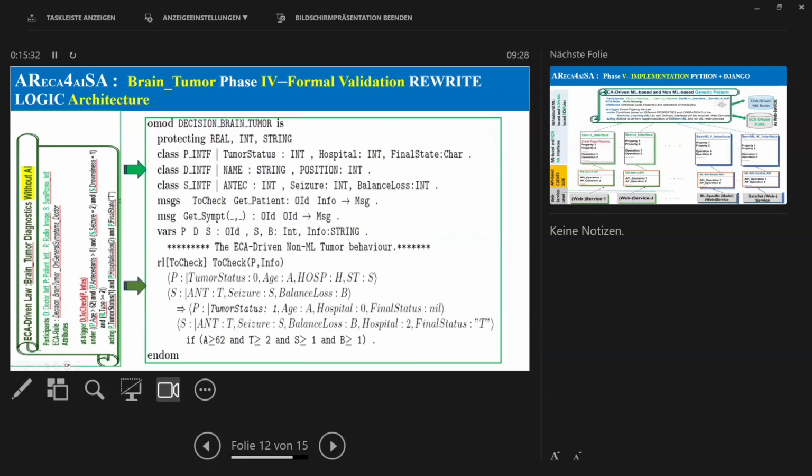Now, as I said, we formalize these rules in terms of rewriting logic, and using the configuration or the data from the web service, we can reason on these rules by rewriting them to check if there is conflict, contradiction, inconsistency, redundancy, and so on.